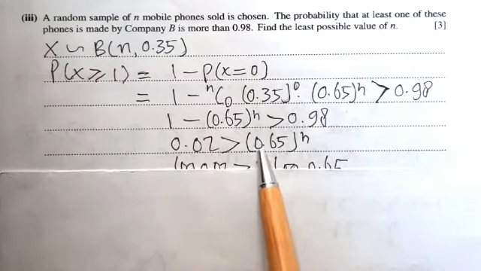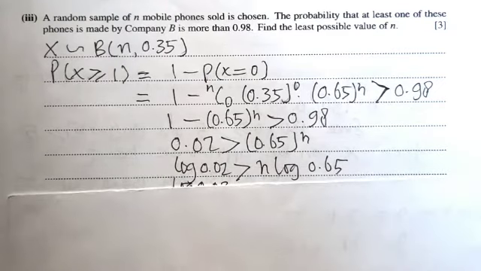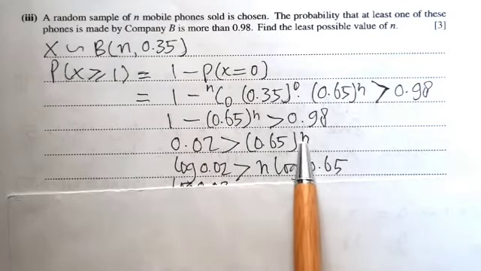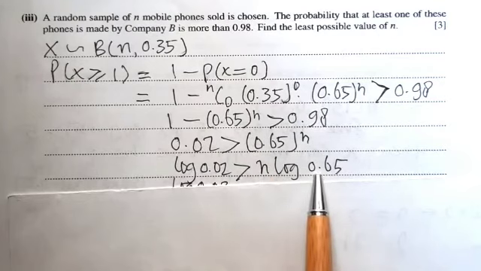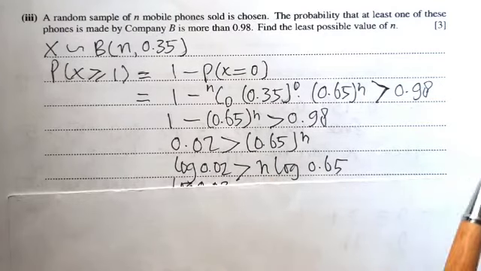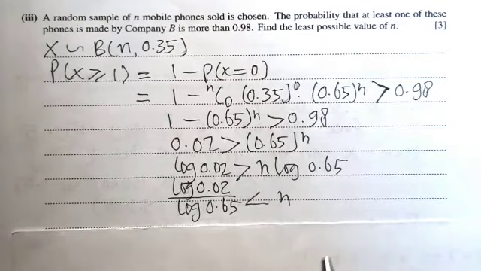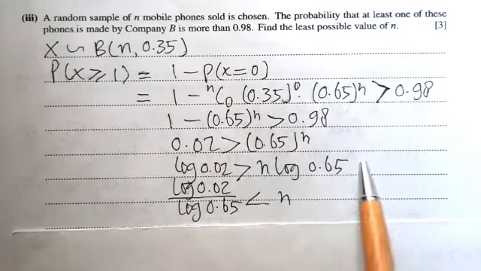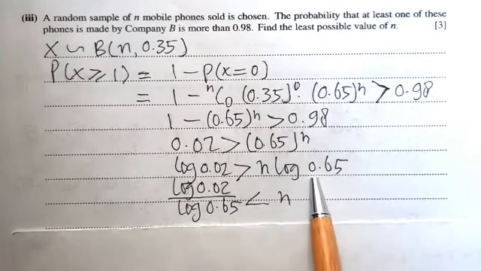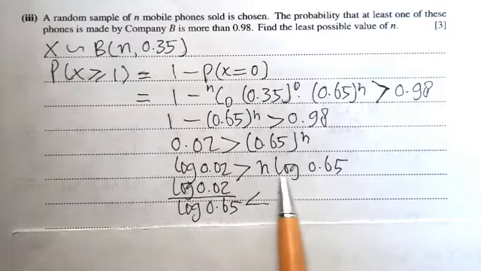Then 1 minus 0.98 is 0.02, and moving to the right, 0.02 is greater than 0.65 to the power n. Take the logarithm of both sides, thus log of 0.02 is greater than n log 0.65, and then divide both sides by log 0.65.